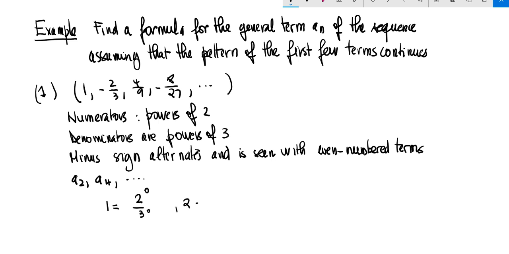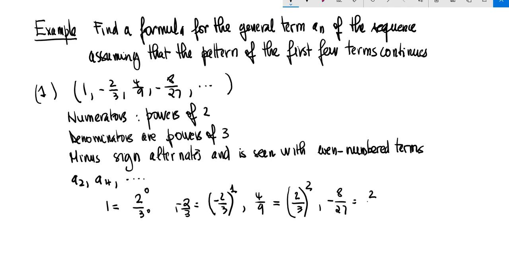You can write negative 2/3 as negative 2/3 power 1. Then you can write 4 over 9 as 2 over 3 squared, and negative 8 over 27 as negative 2 over 3 cubed.